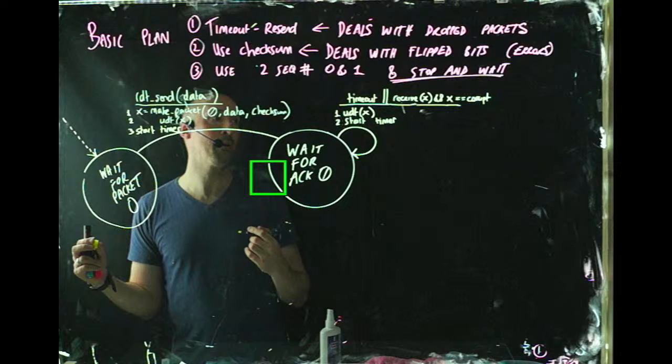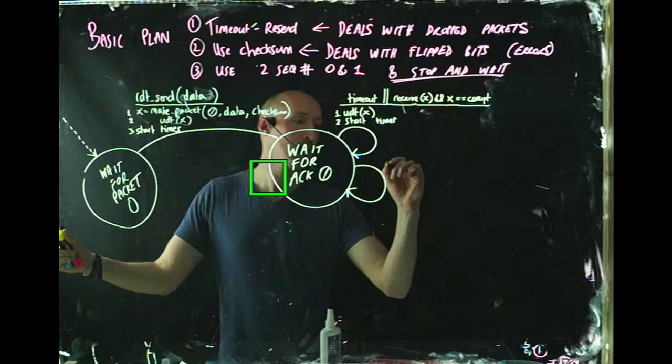I could receive an acknowledgement for the last packet, not the one I've just sent. So an old acknowledgement that maybe took a long time, was delayed or something like that, and it finally got to me. That'll be a separate situation here. Again, it's going to come back to wait for x0. So I receive x and sequence number not equal to 0, or sequence number equal to 1.